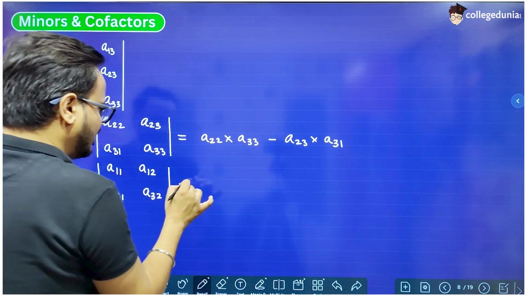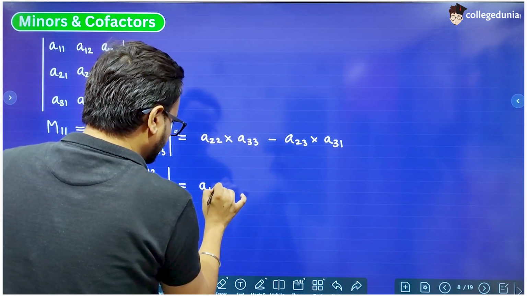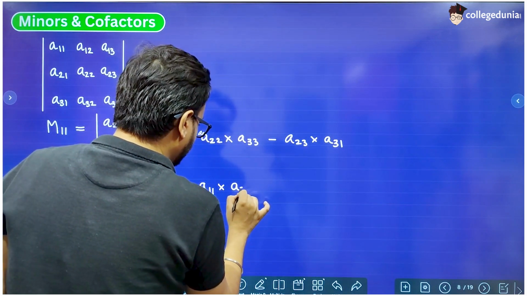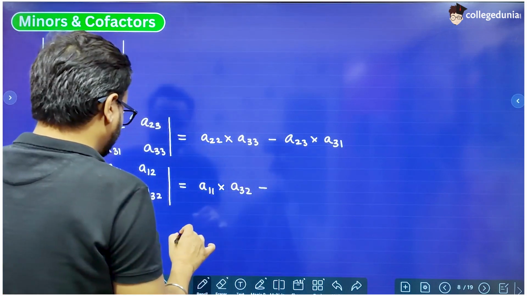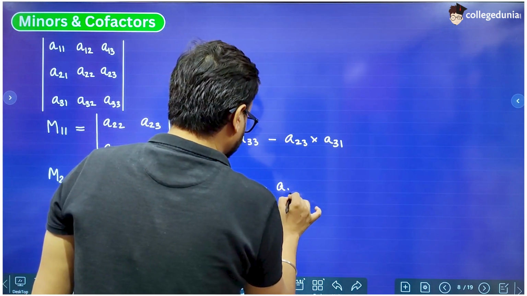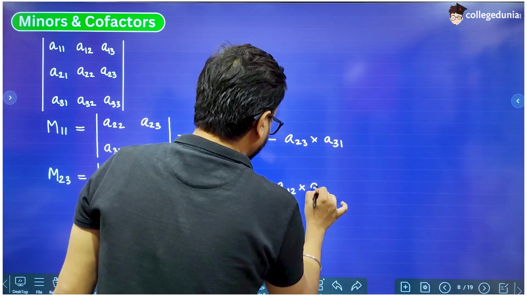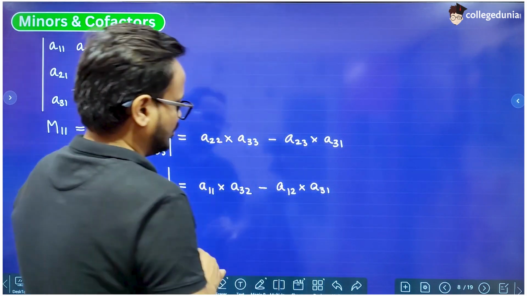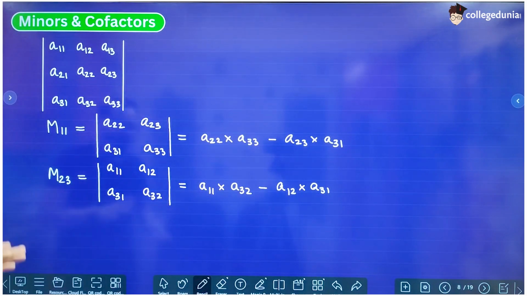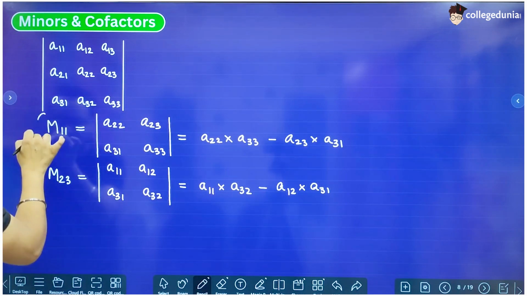So it is A11 into A32 minus A12 into A31. So this is how you can find minors. There will be 9 minors since there are 9 elements. So these are the minors.